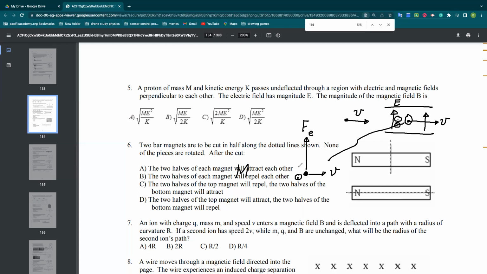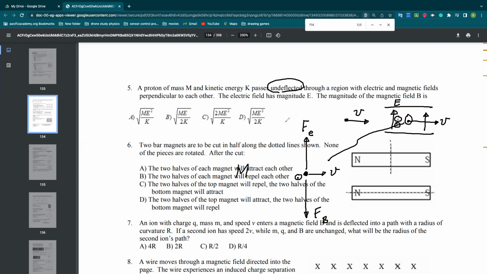Then you can see the magnetic force will be going in this direction due to the moving proton. So v going this way is the forefinger, and this is out of the page, which is the magnetic field. So the magnetic force will be going down. Then these two will cancel because it's undeflected.